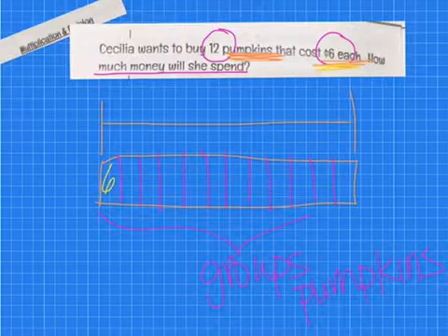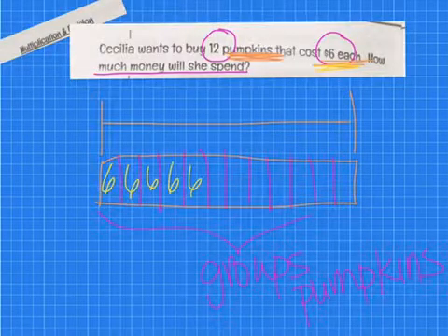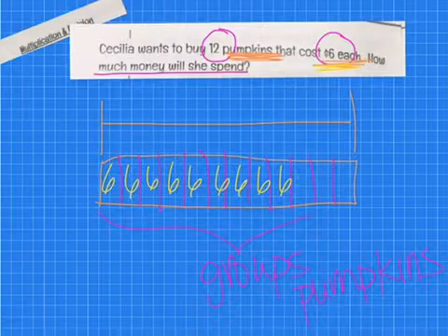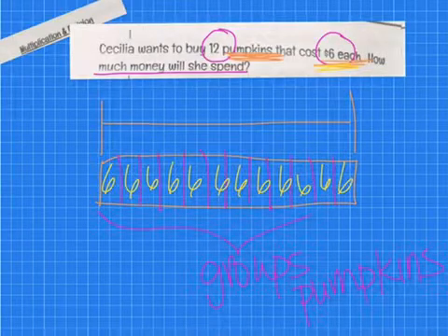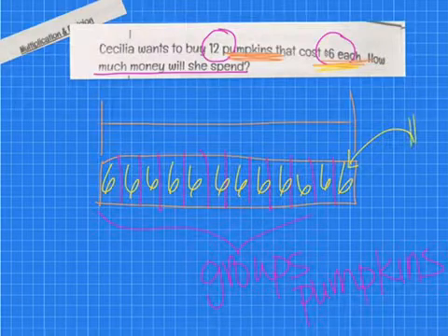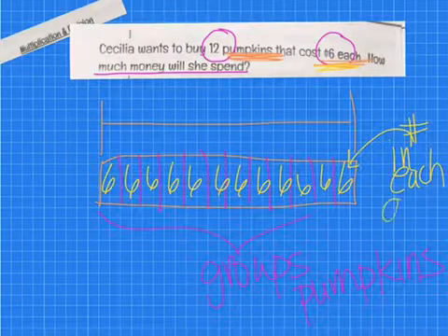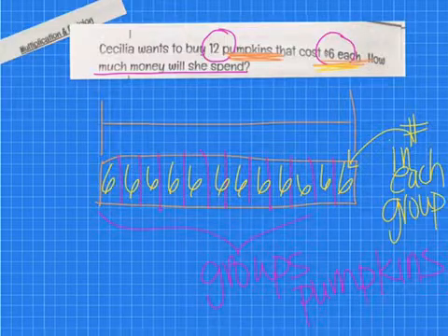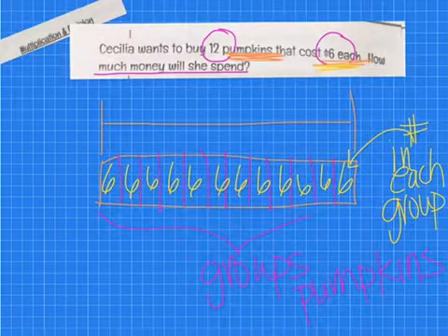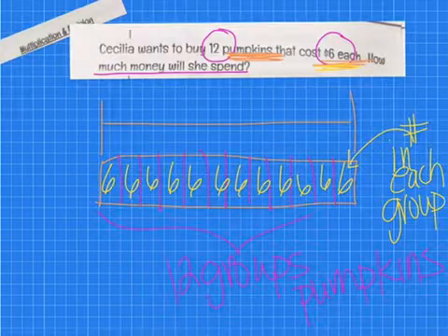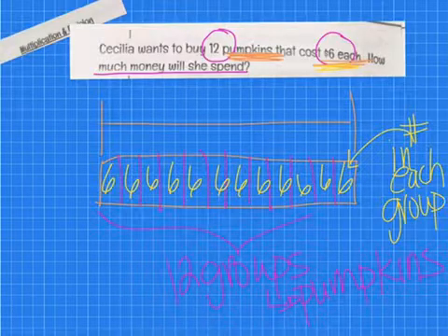So 6 would go in each group because each pumpkin cost $6. So my number in each group was $6. And there was a total of 12 groups, which represented the pumpkins.